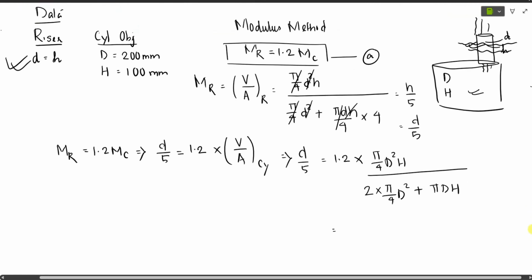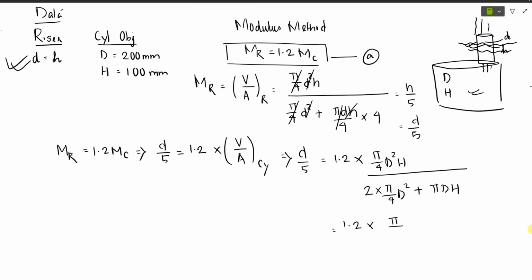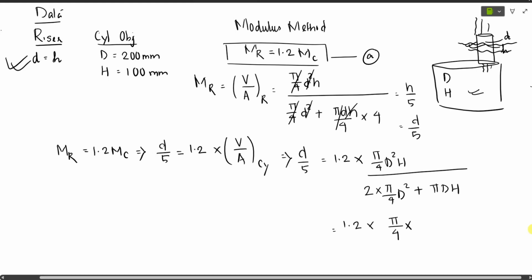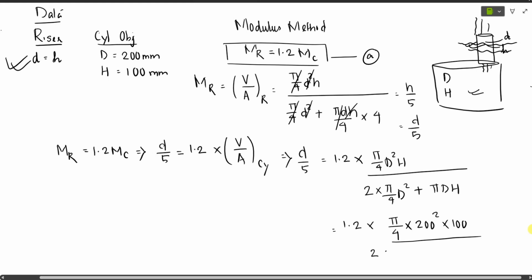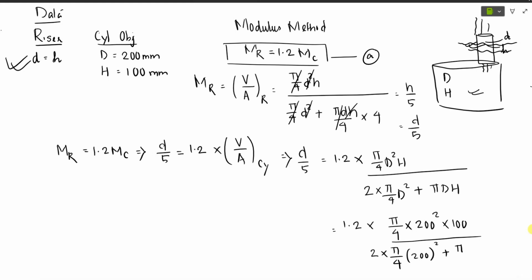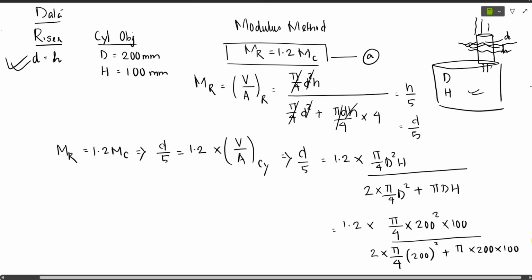If we put the values here, this will be 1.2 into π/4 into 200, the diameter is given as 200, squared into 100, by 2 into π/4 into 200 squared plus π into 200 into 100.